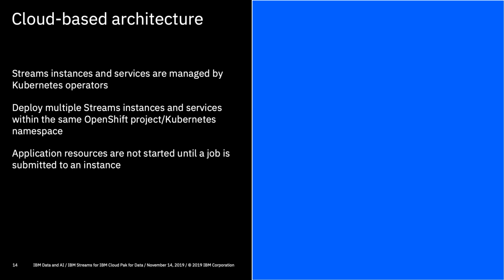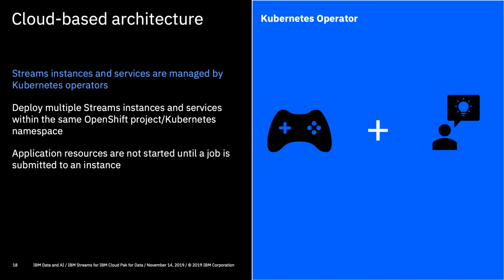Now that we've covered the different Streams components, we'll dive into the implications of the Streams cloud-based architecture. Streams instances, security services, and build services are installed into an environment through Kubernetes operators. Kubernetes operators are composed of a logic controller and a user-defined custom resource that extends your OpenShift or Kubernetes cluster.